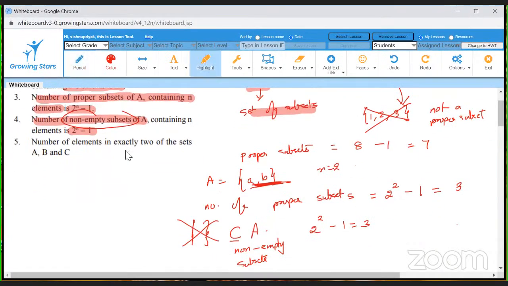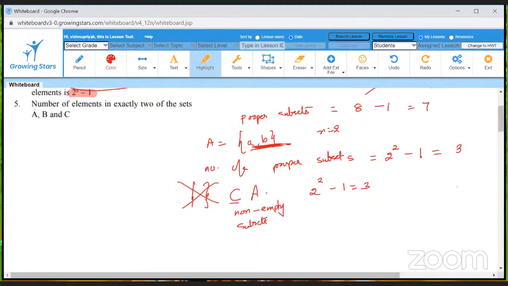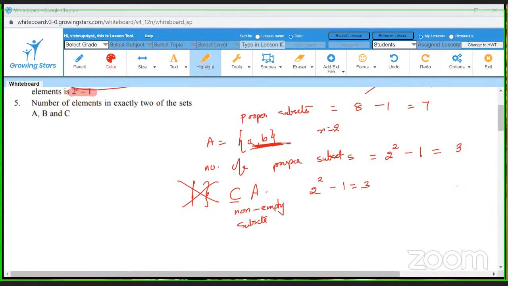Number of elements in exactly 2 of the sets A, B, C. This formula I did not copy completely. Half of it is on the other page. Just a few more shortcut formulas, not many.